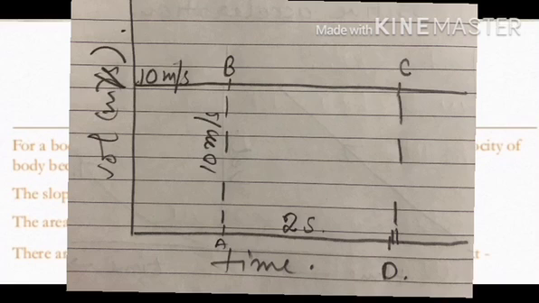From the velocity time graph, we can calculate the displacement by the body moving with uniform velocity in any interval of time. So the distance is equal to the area of ABCD. We conclude that the magnitude of displacement or distance moved by the body is equal to the area enclosed by the velocity time graph and the time axis.